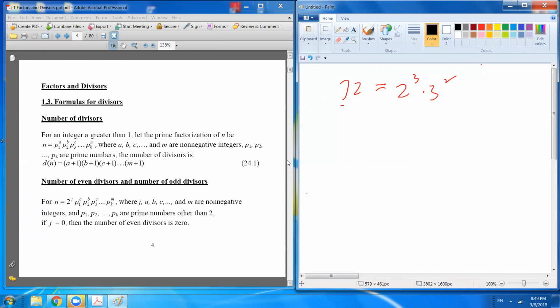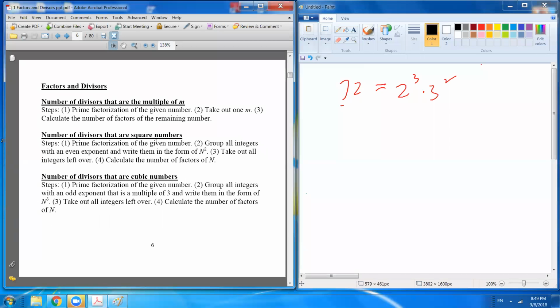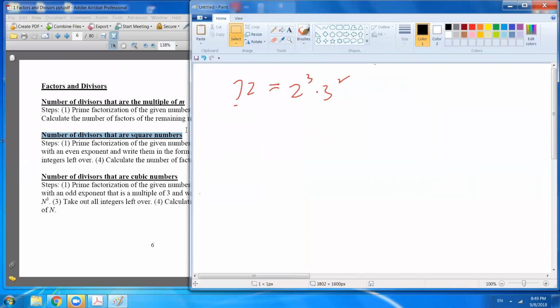Another one is the number of divisors that are square numbers. How many square numbers are there among the factors of 72? How many square numbers can you get?